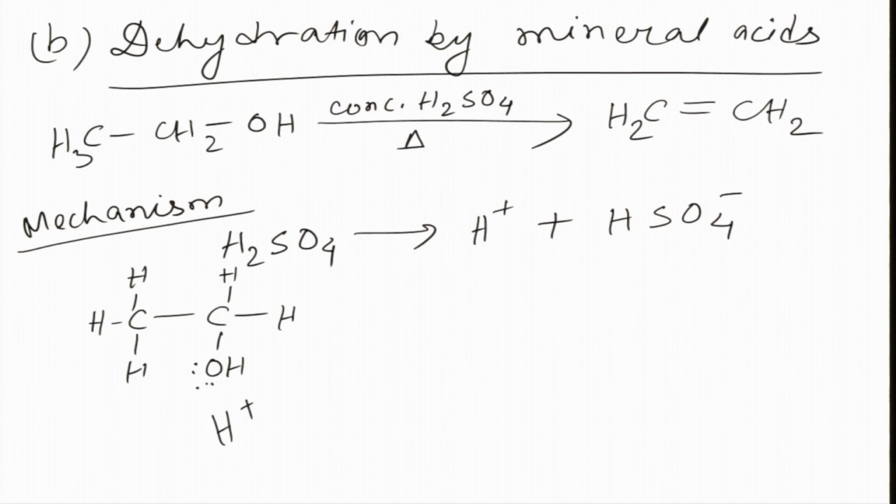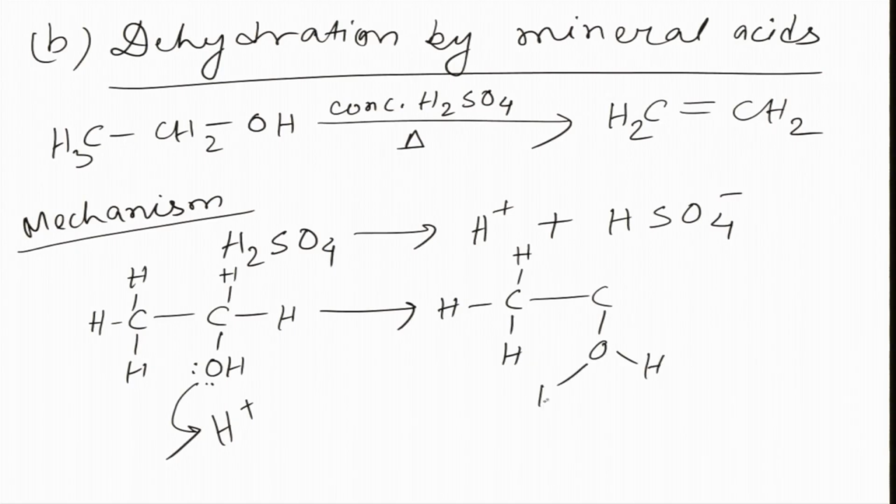Lone pairs of oxygen will take up H plus and it is formed like this, OH2, that is water, and one positive charge will be on oxygen. Why positive charge? Because it has given these electrons to H plus and formed the bond.